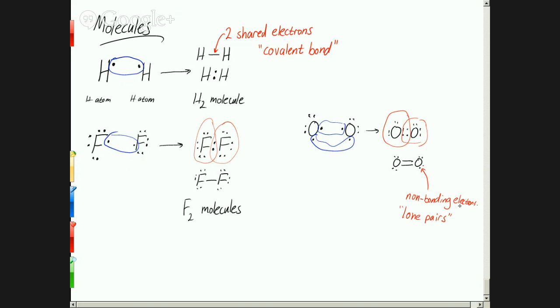These are electrons that aren't shared, but are more on one atom or the other, at least in this idea. These extra dots that are still there, those are part of the structure, and those are known as non-bonding electrons or lone pairs. They don't participate in the bonding in that structure. They're not being shared. They're just on that atom.